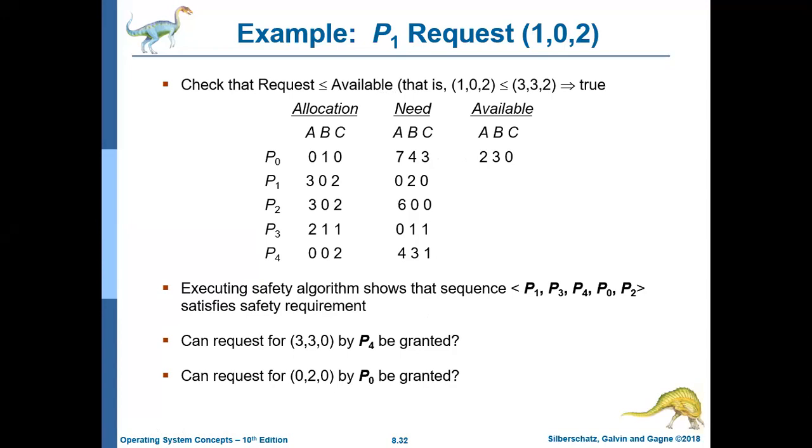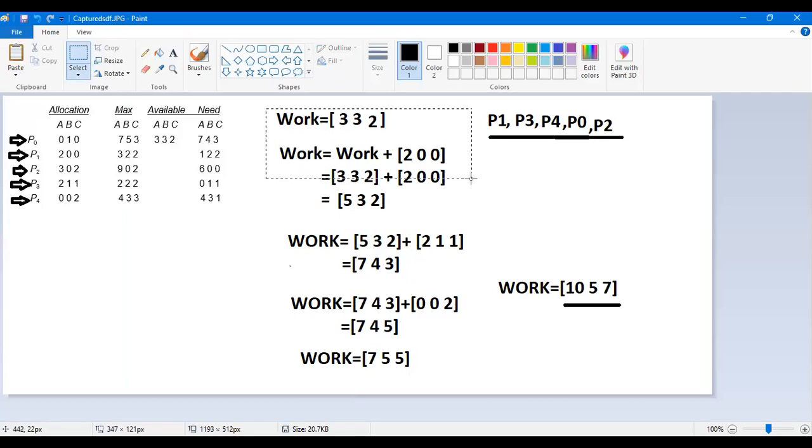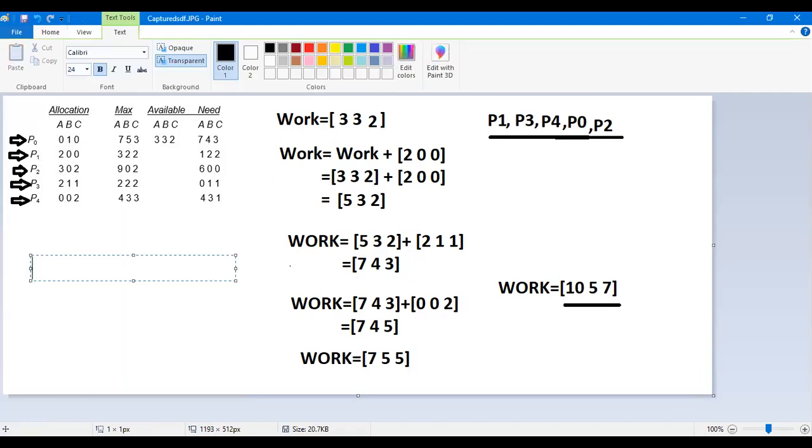Okay. So if we are giving this 102 to P1, what will happen? P1 requires 102.